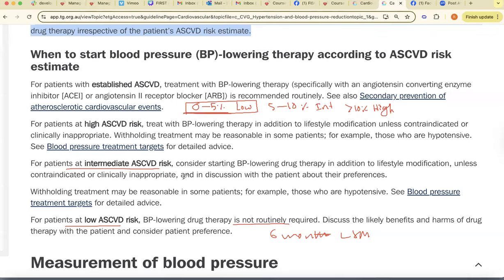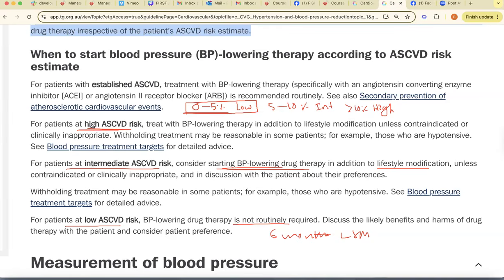For intermediate risk, consider starting blood pressure lowering treatment in addition to lifestyle modification, unless contraindicated or clinically inappropriate. So for an intermediate cardiovascular risk patient, ideally we will start blood pressure lowering treatment.